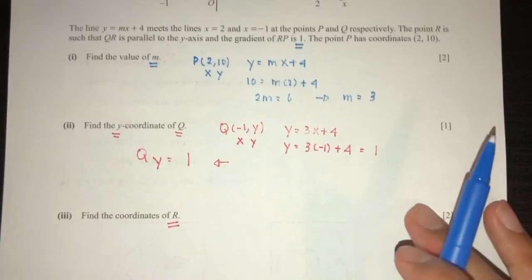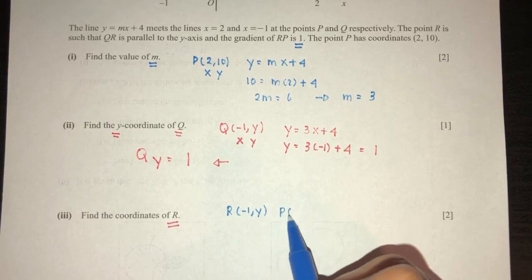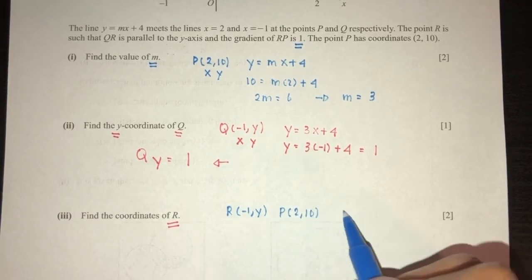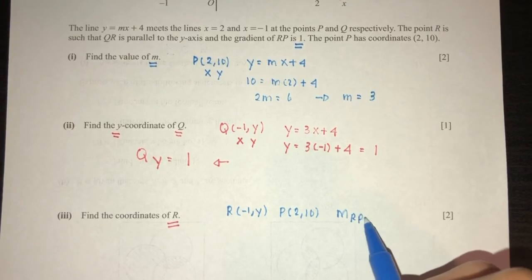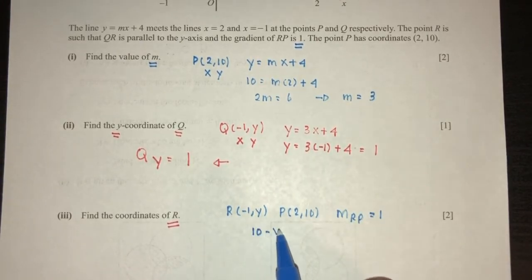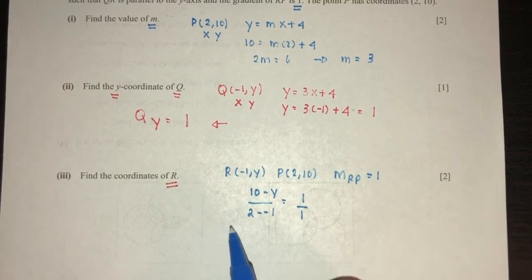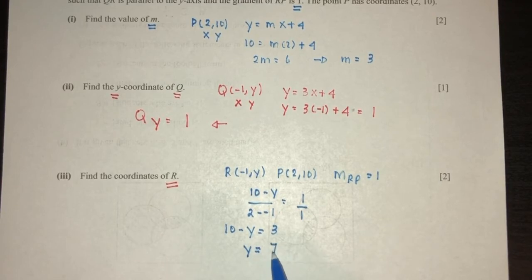The point P has been given to you as (2, 10). So you have to do (10 minus y) over (2 minus (minus 1)) is 1. We cross multiply: 10 minus y becomes 3. So y becomes 7.